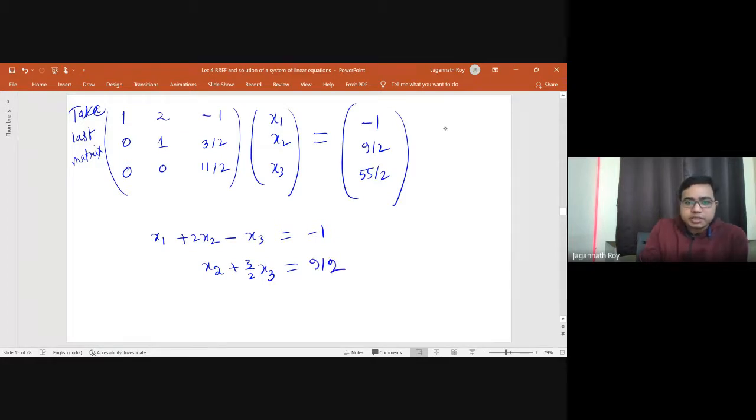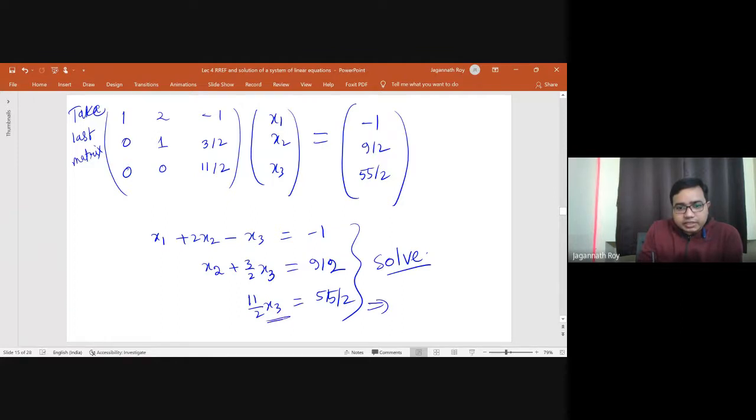The system is reduced to this form: 11 by 2 x3 equals 55 by 2. If you solve this, from here you will get x3 equals 5.